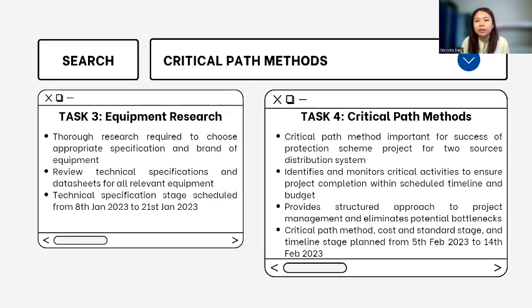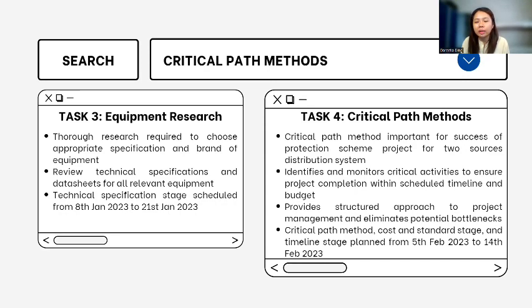And the fourth task is critical path method. Critical path method is important for the success of the design protection scheme project for a two sources distribution system, and to identify and monitor critical activity to ensure the completion of this project within schedule, timeline, and budget, and provide a structured approach to project management and eliminate potential bottlenecks.